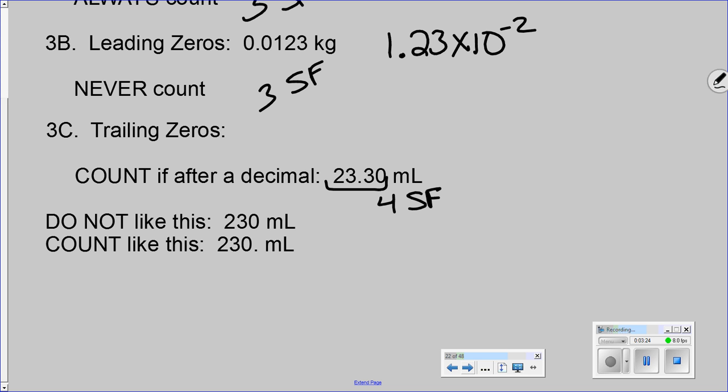On the other hand, if we had a piece of equipment that was not that precise, we might want to say it's close to 230, but it might be 232. So in this first measurement right here that does not have a decimal written on it, this is only 2 sig figs. Our second measurement down here, that decimal makes all of those count. That's very bothersome to some people. It is a communication decimal, not a mathematical decimal.